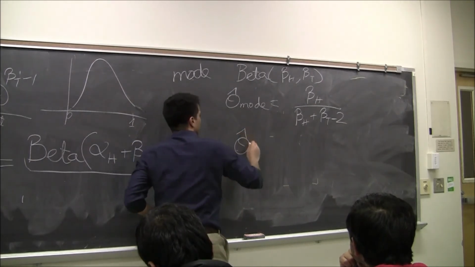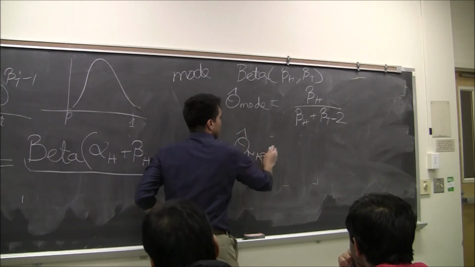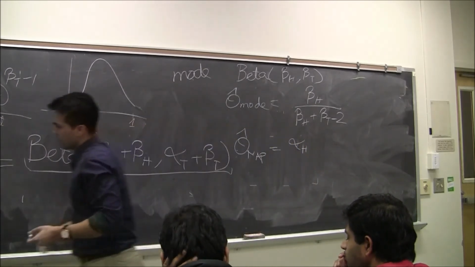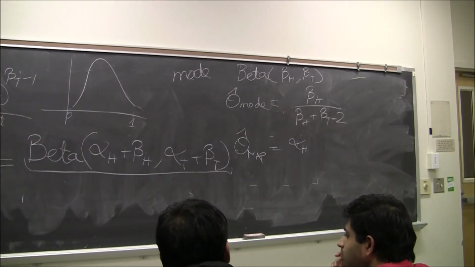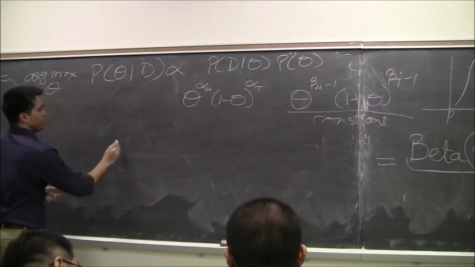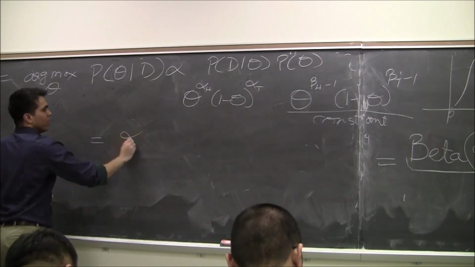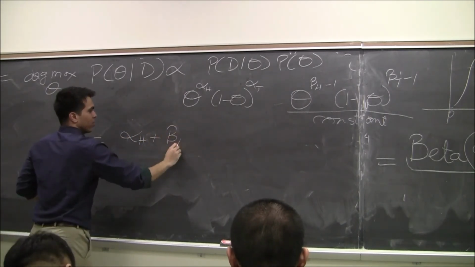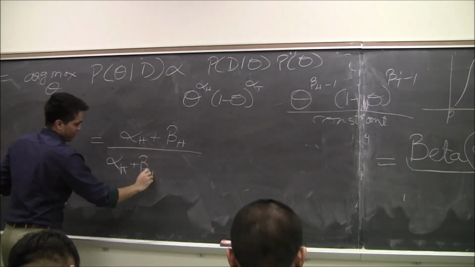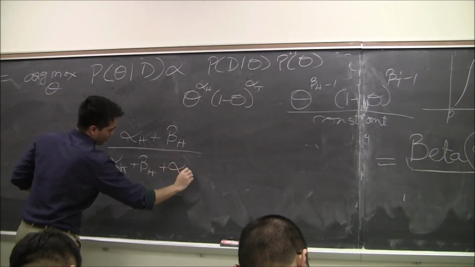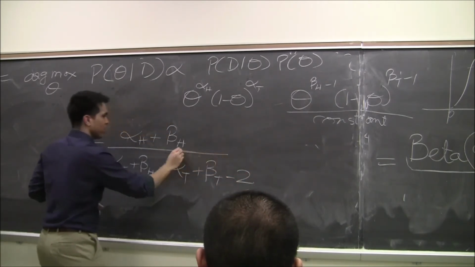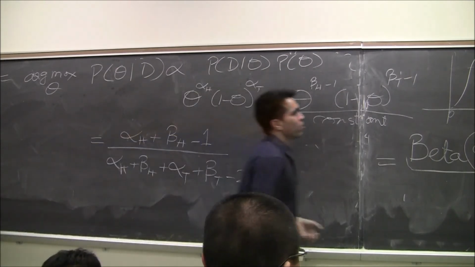And so theta hat MAP is equal to alpha heads plus beta heads minus 1 divided by alpha heads plus beta heads plus alpha tails plus beta tails minus 2. Let me write this here, this is important. Oh, I made a mistake. There's a minus 1 in the numerator.